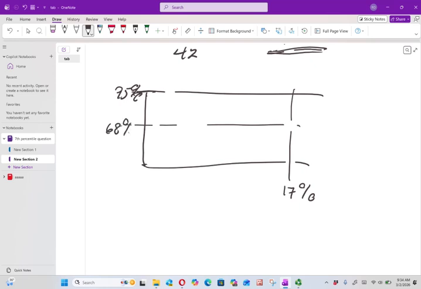$17 is 95%. What's the difference between a 95% bet and a 68% bet? How far out do I go for the 95? 2. How far out do I go for the 68?